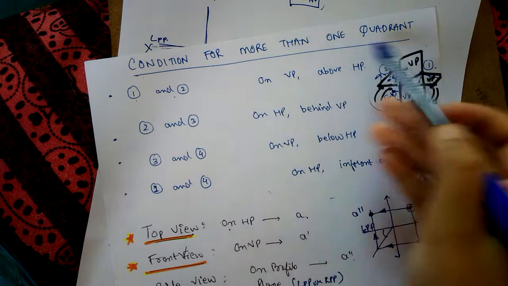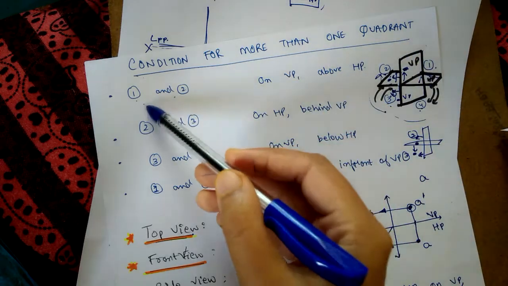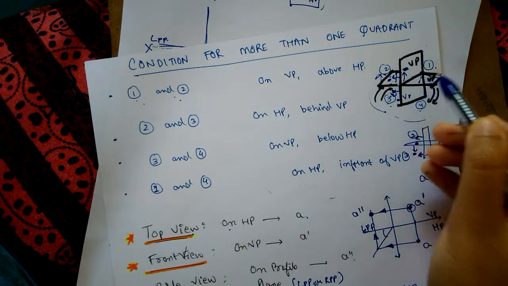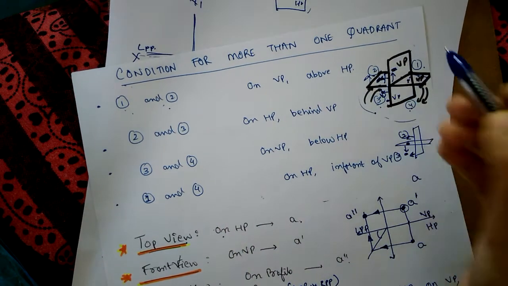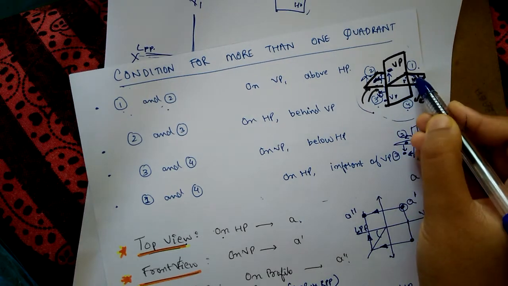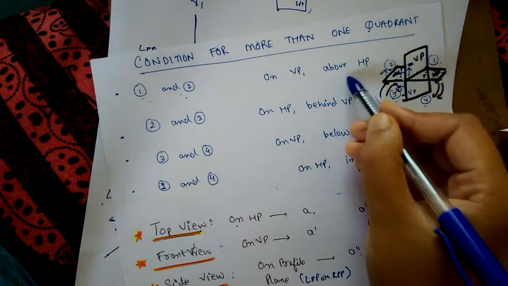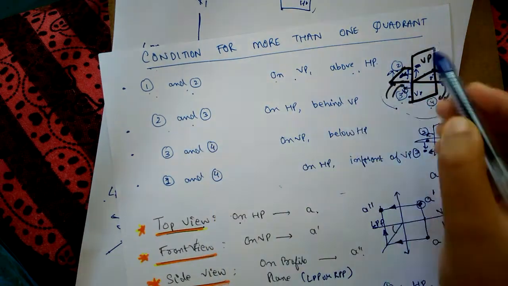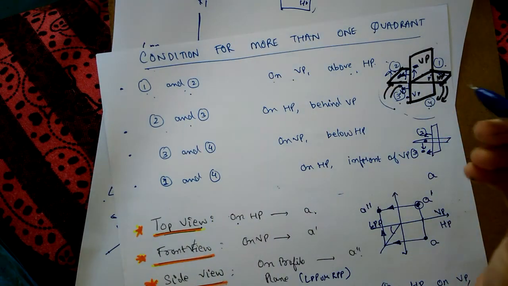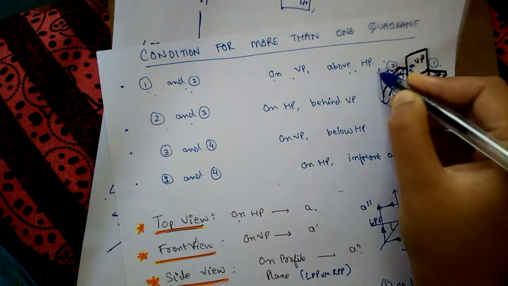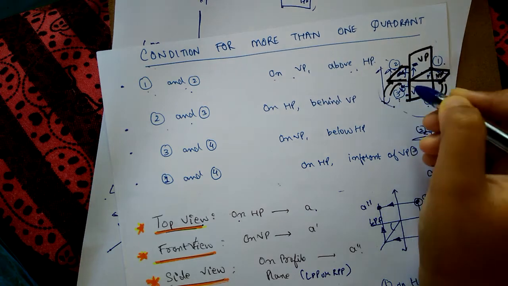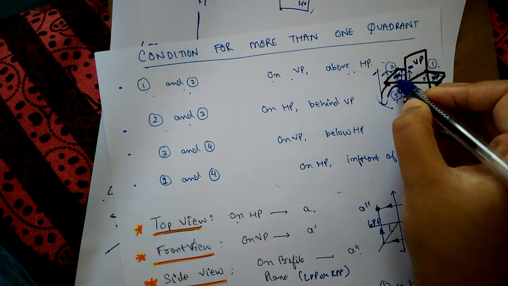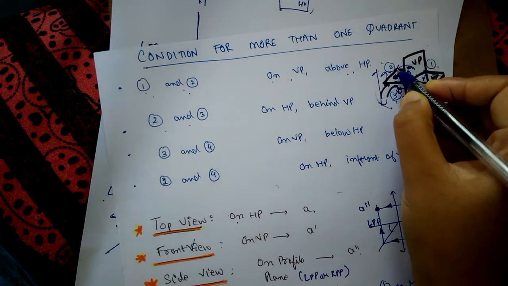So there are some common conditions for quadrants. For the first and the second quadrant, things are always on HP, above HP, on VP. Now for the second and third quadrant, anything is on HP and it is behind VP.